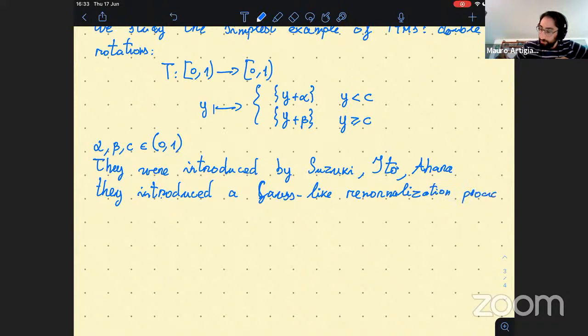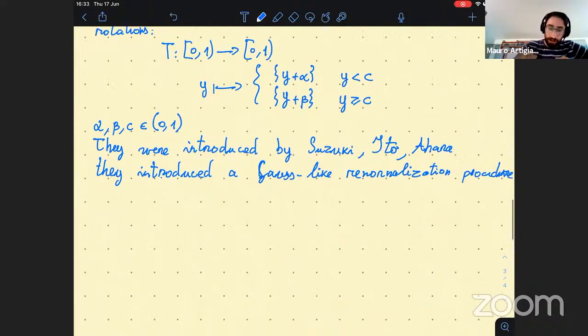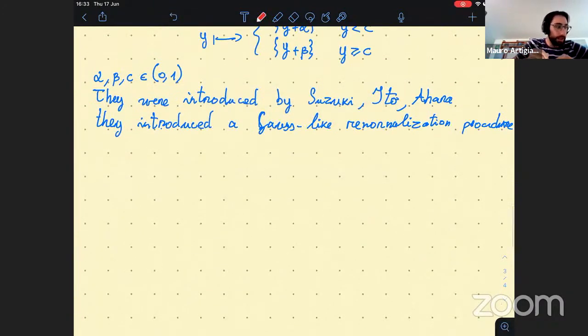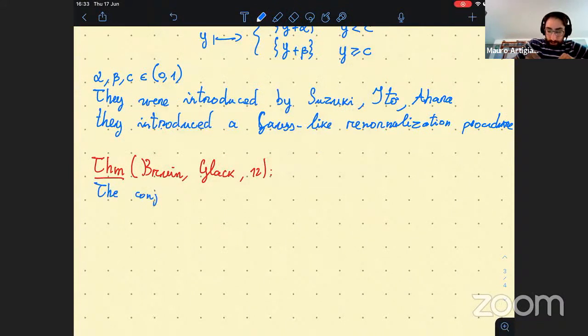And they proved some intermediate result toward the conjecture, and then Henk Bruin and a student of his called Clark proved some years later, in 2012, using this induction, that the conjecture is true for double rotations.